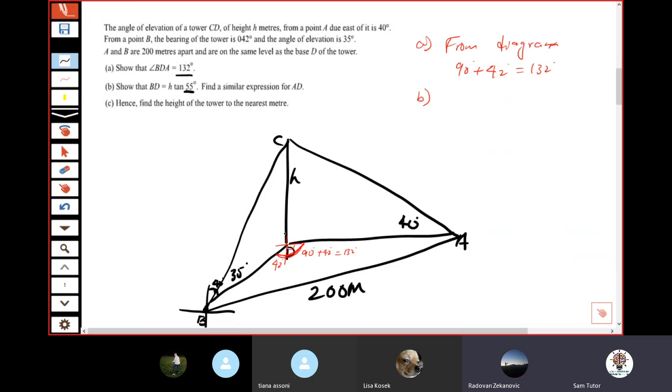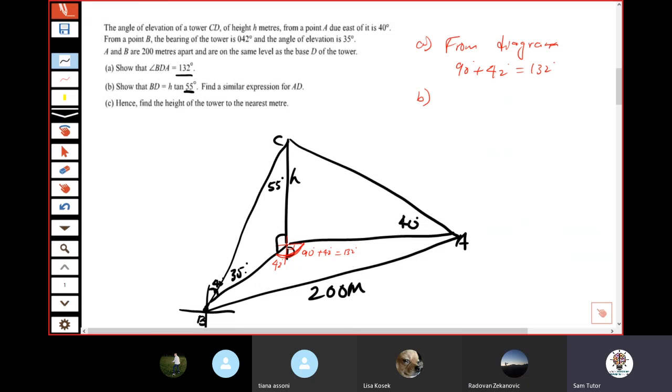Would you use angle sum of triangle? Yep, so what angle is this then, Brad? 90. That's obviously 90. Why is that 90 degrees? Because that thing's straight and that's on the ground. Yep. You would assume that's 90 degrees, and that angle there would be what? 180 minus 90 minus 35, which becomes 55. Yeah, that's the whole point. That's where you're getting 55 from.